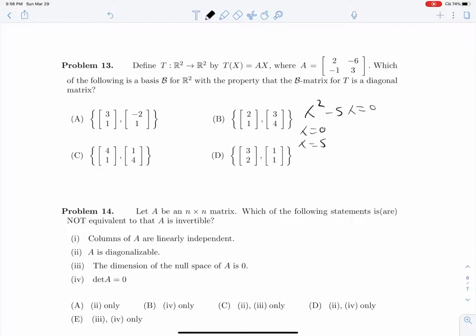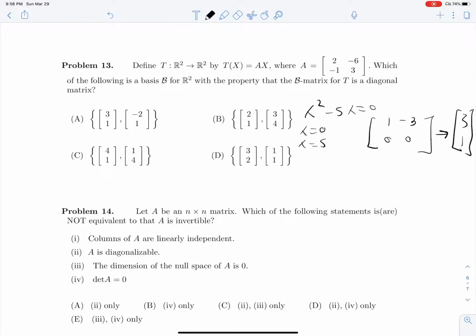When lambda equals 0, this matrix is 2, 3, negative 1, negative 6. Nothing has changed. And we can simplify this down to 1, negative 3 up there. And so the eigenvector that comes out of this is going to be 3, 1.